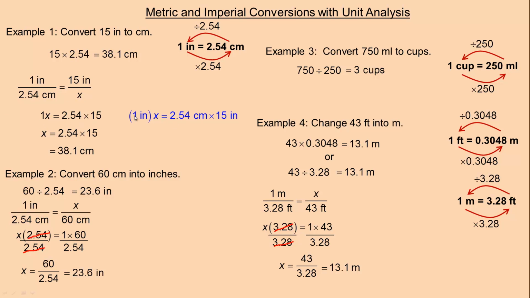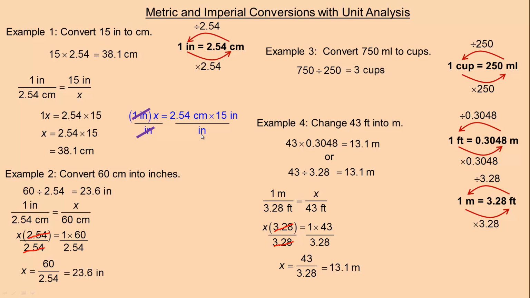So it's 1 inch times x is equal to the product of 2.54 centimeters and 15 inches. I'm trying to solve for x, so I would divide out the 1 inch. 1 inch would be the same thing, just like x and 1x are the same thing. So these inches divide out, so x is the product of this.